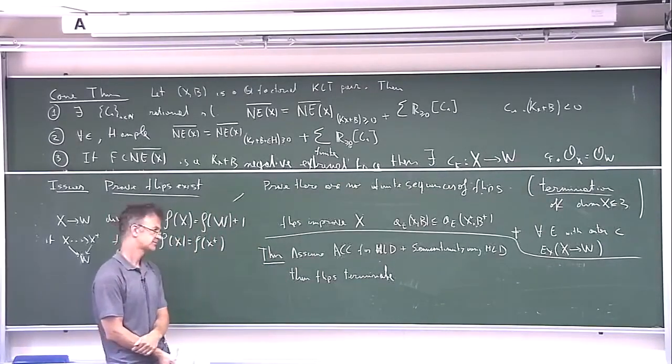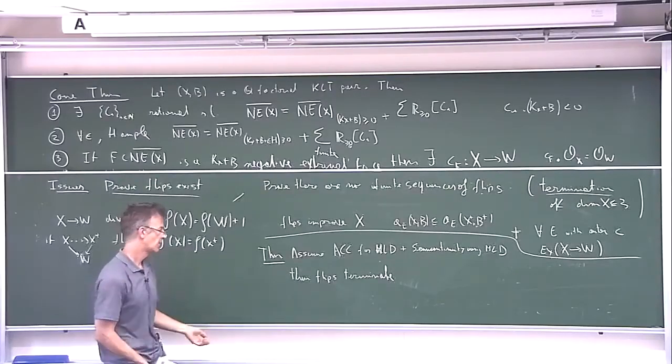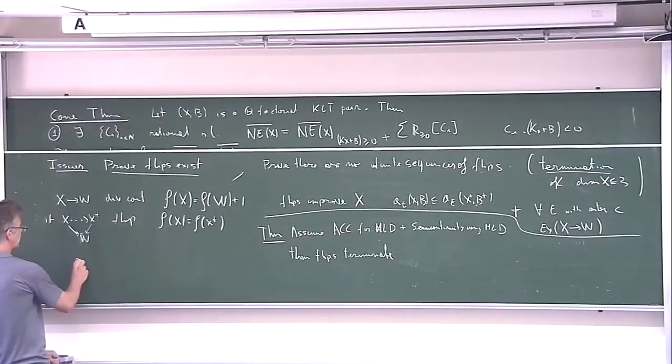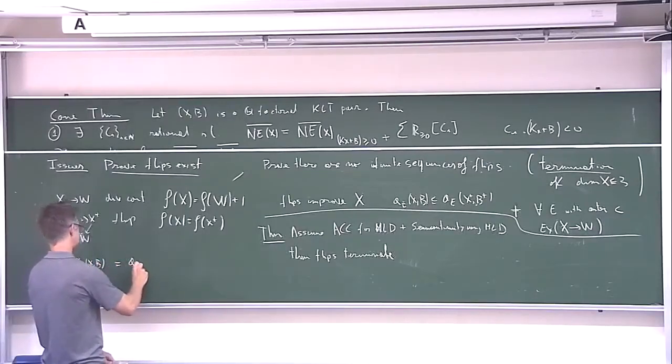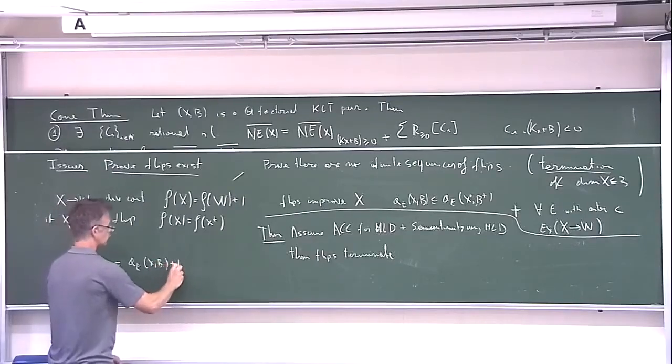How come you said you can omit the L, meaning just MD? Oh, because I haven't told you what the MLD is. Let's call A star of E, X, B the MLD. Then that is just the usual log discrepancy plus 1.